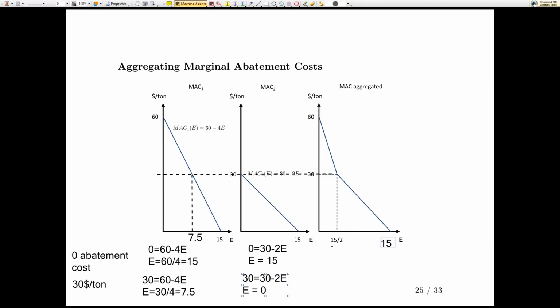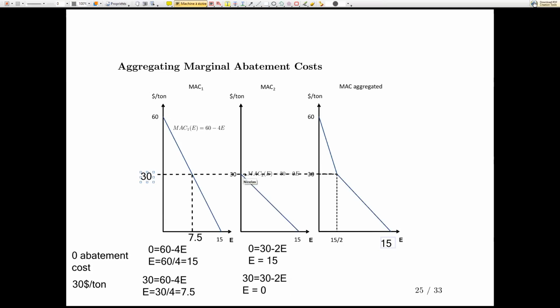So I indeed get that the sum total of emissions, if the emission cost is set to 30, is the following. The first firm, which has higher cost, is not going to want to abate everything because it's too expensive. The price of abating these extra units is super high for firm 1. Firm 2 has a better, more modern technology, so it costs less.